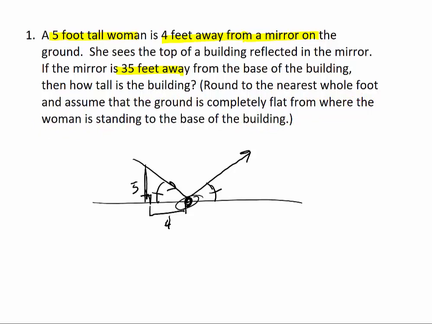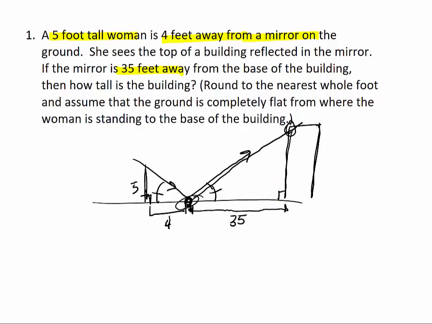Now, the other thing that we know is that this mirror is 35 feet away from the building. So I'm going to put a 35 feet here, and this mirror is getting the top of the building. The woman is able to see the top of the building in her line of sight. And again, buildings, if they're built properly, are perpendicular to the ground.